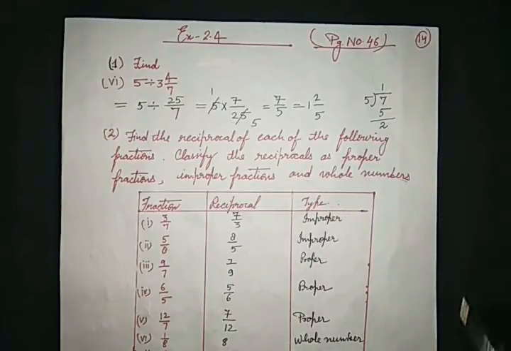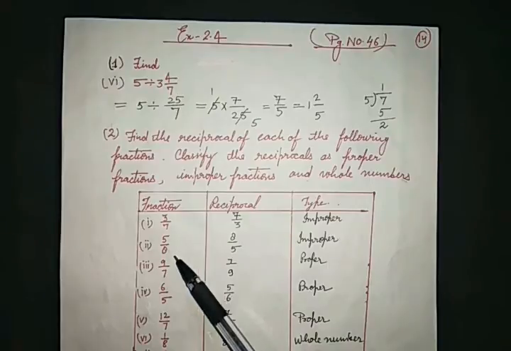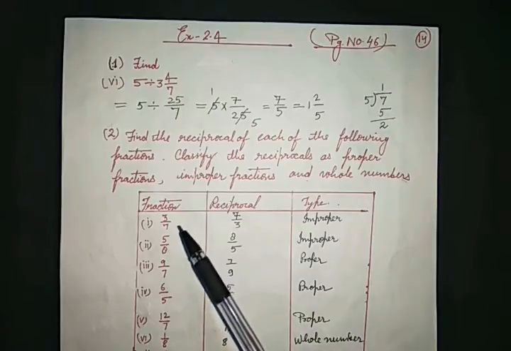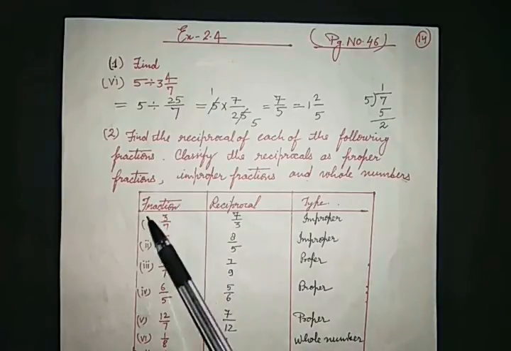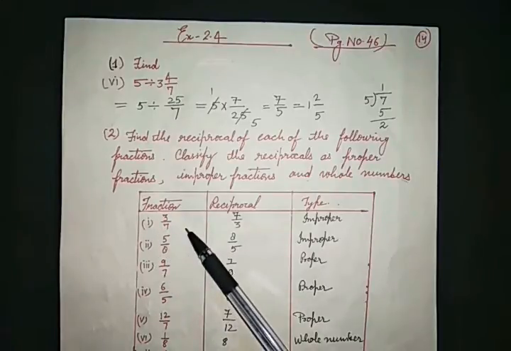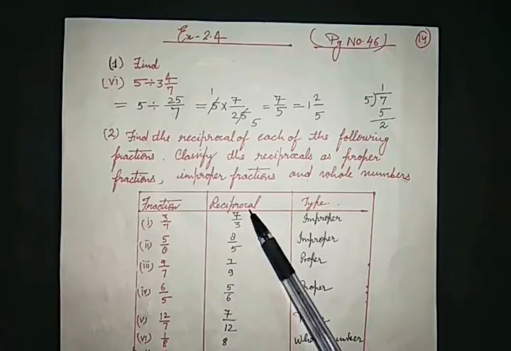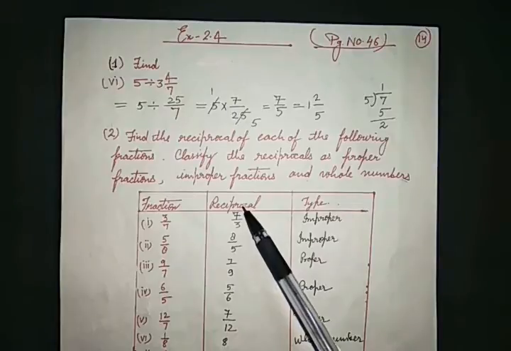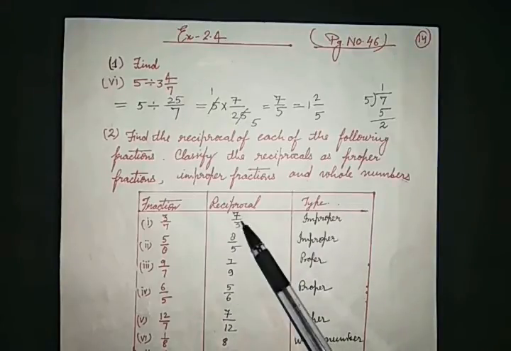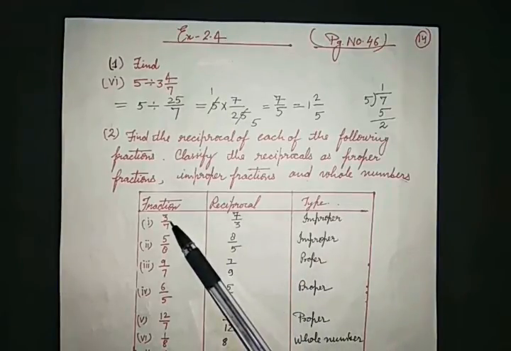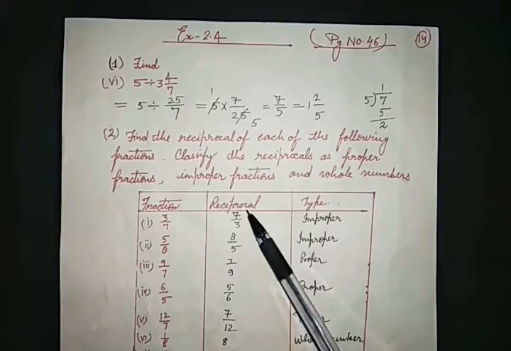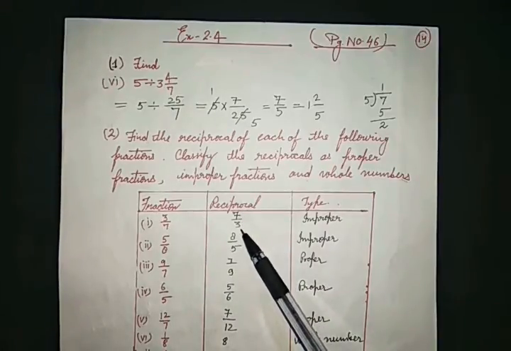In the first column, I have written the given fractions. The given fraction is 3 upon 7. In the next column, I have written the reciprocal of the given number. So the reciprocal of 3 upon 7 is 7 upon 3.